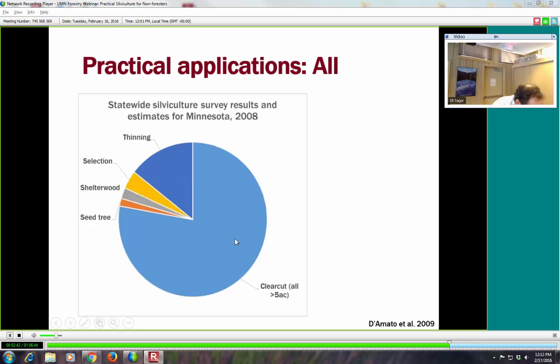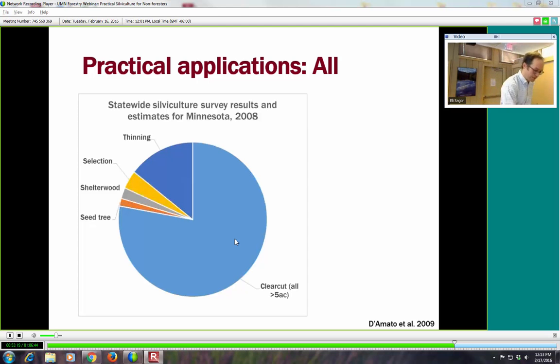If you look at clear cutting, I think the number here is about 80%. Now that does include a couple of different variations, different types of clear cuts, which I'm not going to go into, but let's say 85% of harvests in Minnesota in 2009. This is not based on aerial surveys or whatever, but on survey results. Best estimates of the representatives of the number of landowners estimated about something like 80% of the wood harvested on their lands was clear cut.